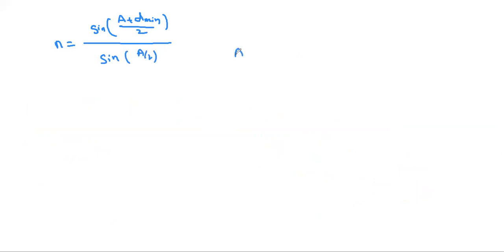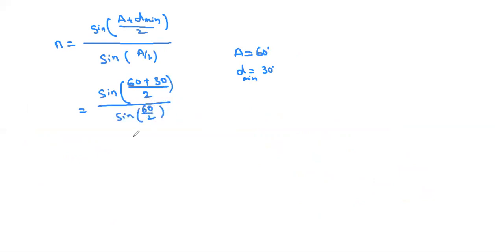Here the conditions are A equal to 60 degrees and D minimum is equal to 30 degrees. Now substitute the values in the equation. A is 60, D minimum is 30, whole divided by sine of 60 by 2. Then you will have sine of 90 by 2, whole divided by sine 30. It will be equal to sine 45 by sine 30.